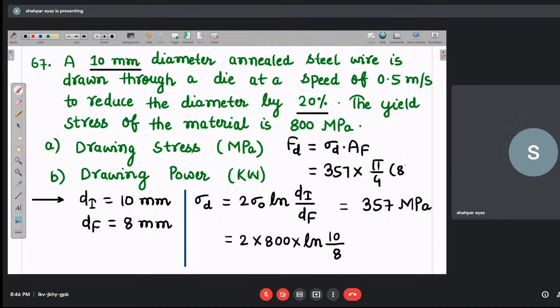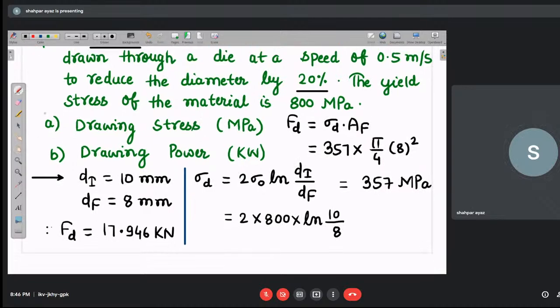Final diameter is 8 mm. 17.946 kilo Newton, right? 0.5.